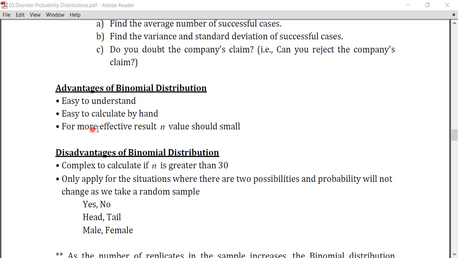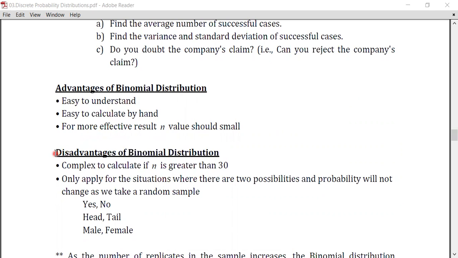For more effective results, the n value should be small. If you have small n values, it means less than 30, or maybe 25 or 20, according to the situation. In general, we consider a value small if n is less than 30. If n is less than 30, then the results will be more effective.